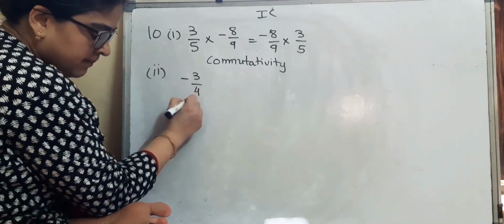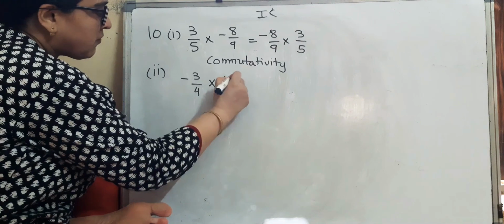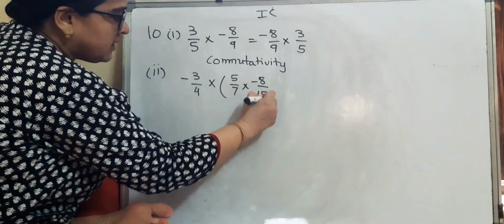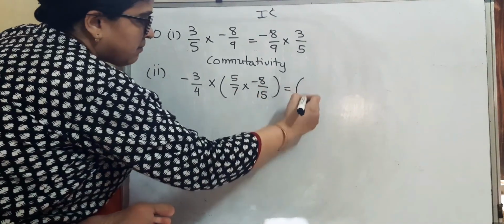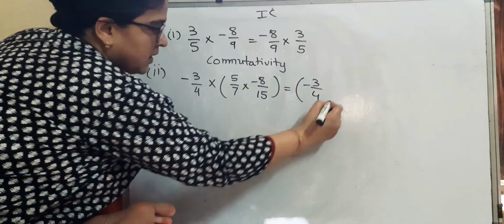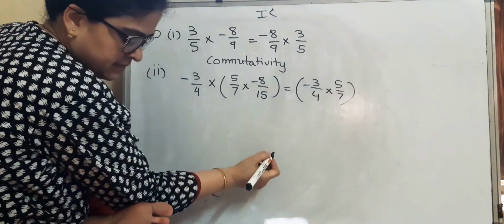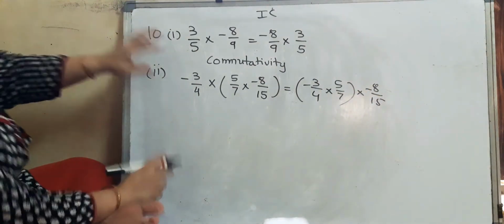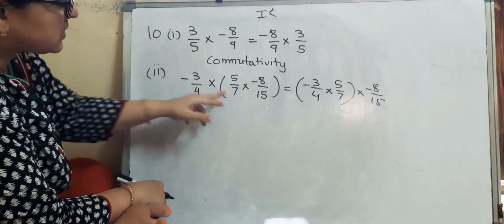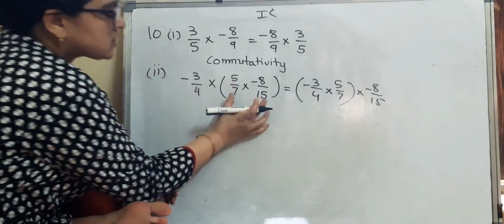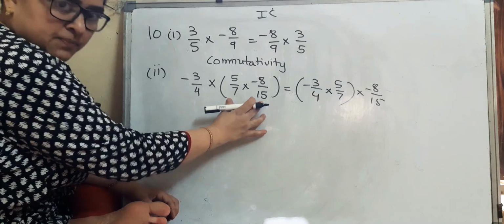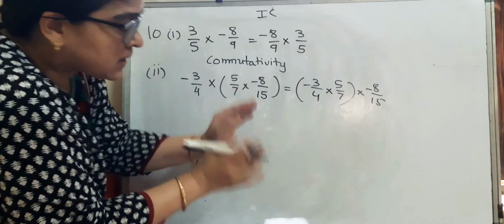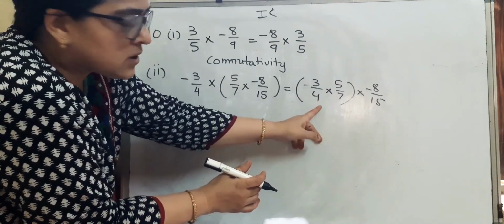Now the 10th second question. -3/4 into (5/7 into -8/15), and (-3/4 into 5/7) into -8/15. Here are three numbers, where the second and third numbers are in brackets, and here the first and second numbers are in the bracket.